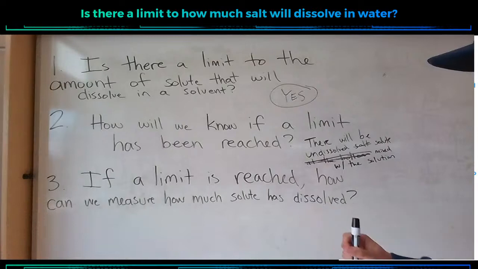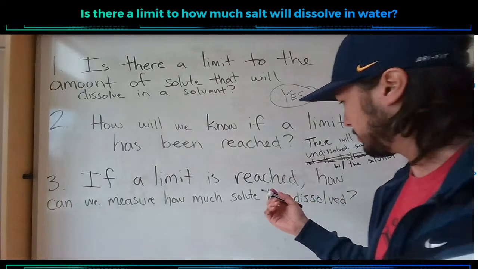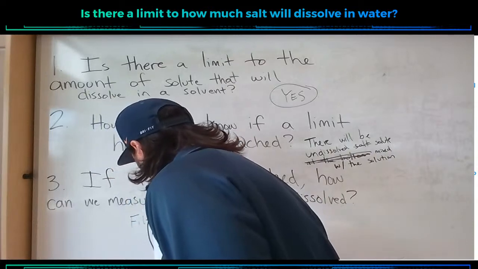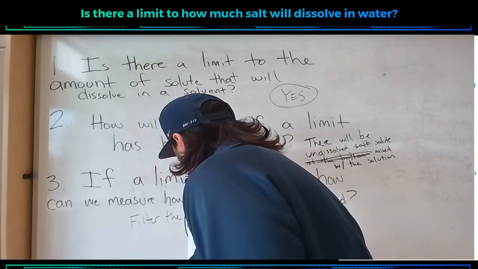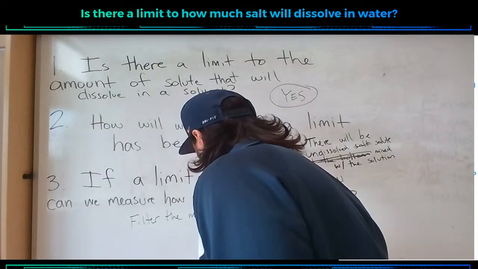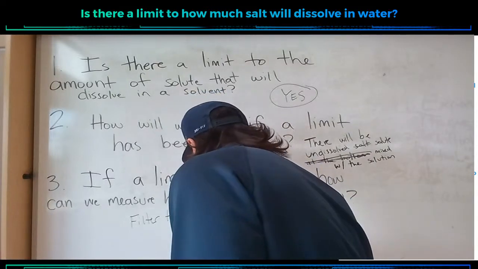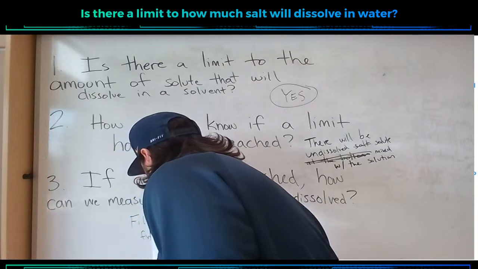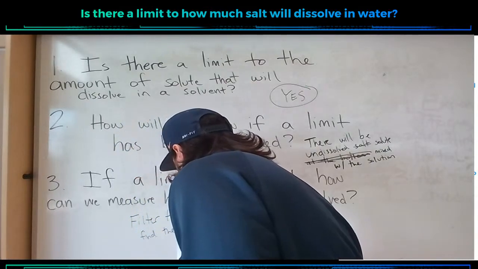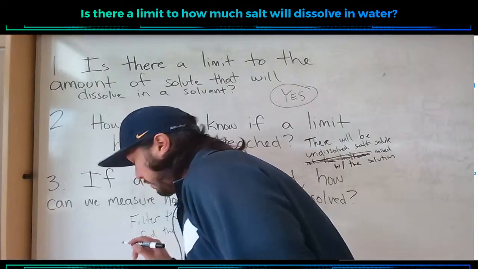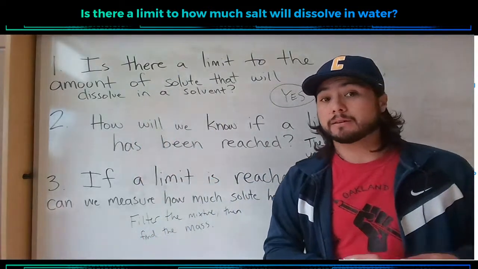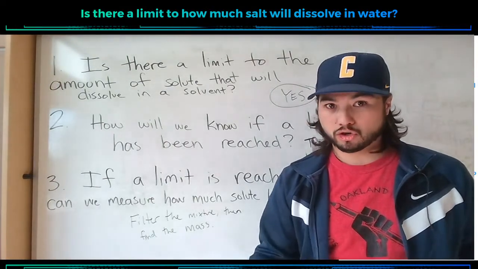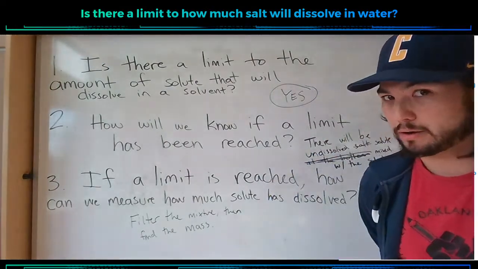And then if a limit is reached, how can we measure how much solute has been dissolved? Filter the mixture. Then find the mass. And actually what we're doing there is we're comparing the mass of our saturated solution to the mass of our control, the mass of just the water, right?